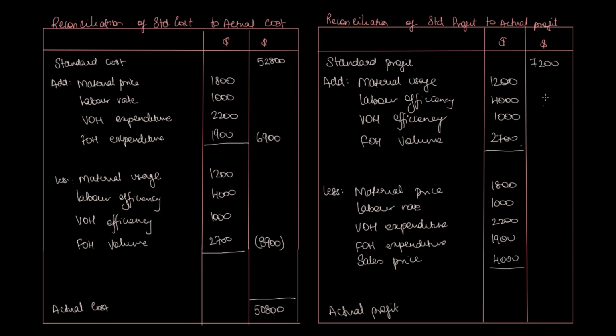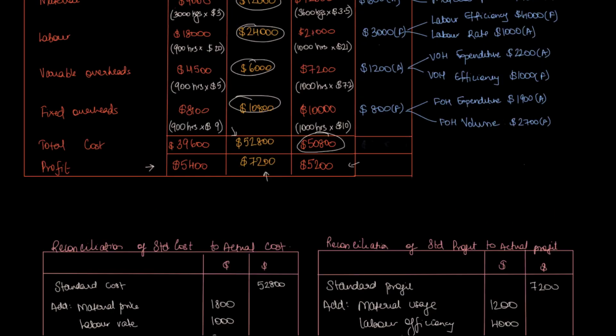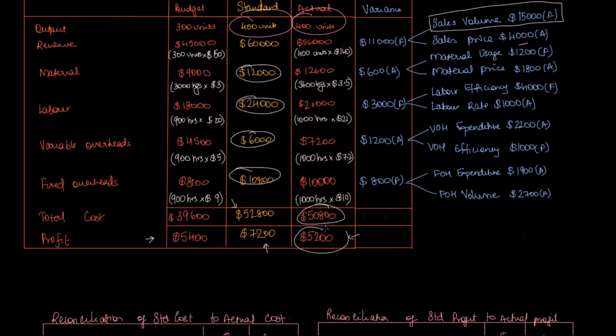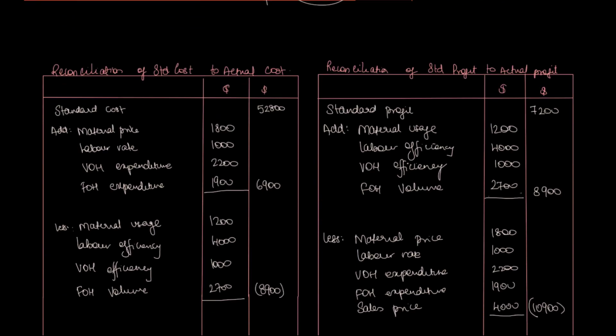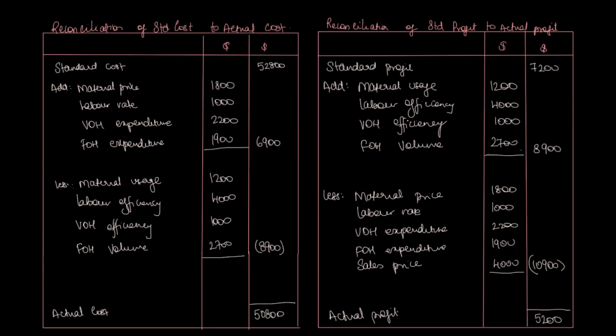So taking the total of all the add items, 8,900, and taking the total of all the less items, 10,900 minus. When we calculate our actual profit, starting with our standard profit 7,200, add 8,900 and deduct 10,900, we get 5,200. If you compare this to the profit from the data, yes, it is 5,200. So that means we've completed our reconciliation properly.